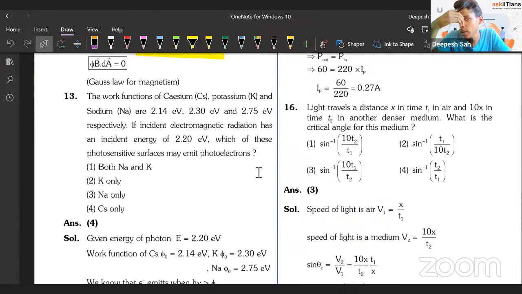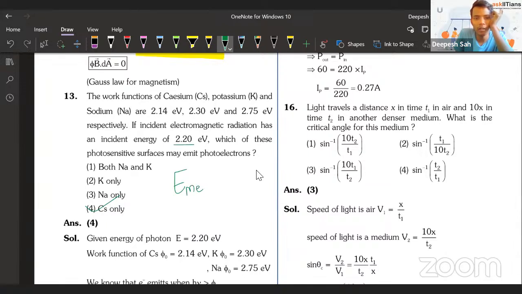Next: the work functions of cesium, potassium, and sodium are 2.14, 2.30, and 2.75, the energy at which they start ejecting electrons. If the incident electromagnetic radiation has an incident energy of 2.20, which of these will eject electrons? It's quite simple. The answer is cesium only. Why? The energy given by me is clearly more than the work function of cesium, so without a doubt it will undergo the photoelectric effect.